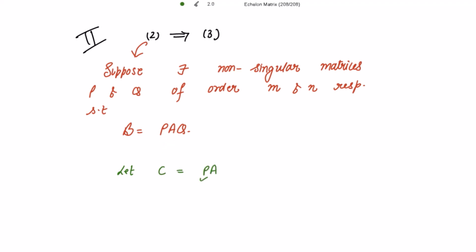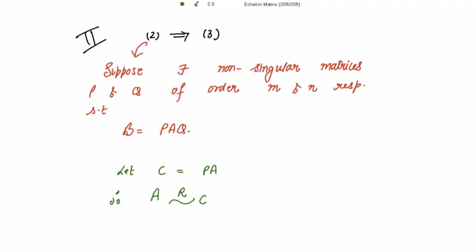Now P is your non-singular matrix, right? And it is pre-multiplied with A. So we have obtained the C matrix by applying the row operations on A. So A is row equivalent to C. That is what we are saying, that A is row equivalent to C, right?